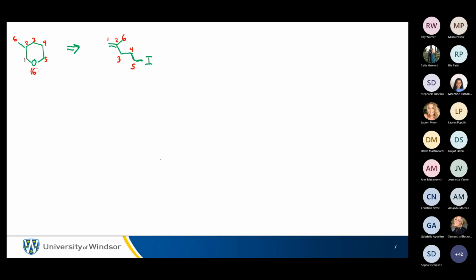So which way would you open a ring up with OH at the end? So where do you want the OH? Do you want the OH attached to 1 or do you want the OH attached to 5? Faith is going 1. Hannah's going 5. So what I'm going to say is you could do either.